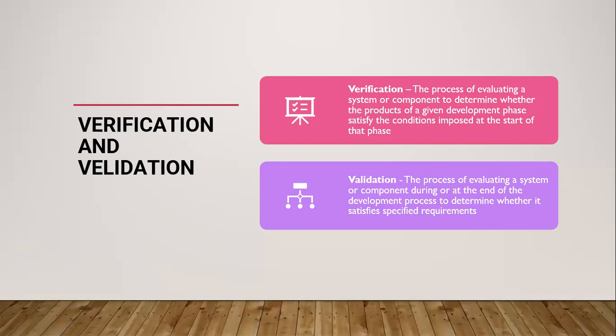Validation is the process of evaluating a system component during or at the end of the development process to determine whether it satisfies the specified requirements. This is the difference between validation and verification. We conduct reviews because our main goal is to identify and resolve defects.